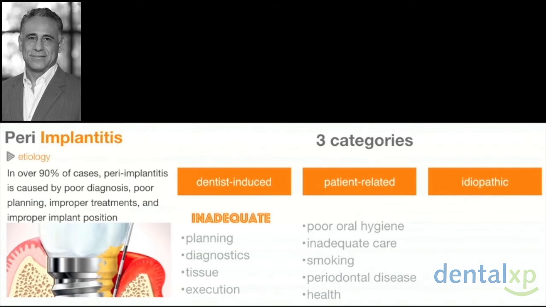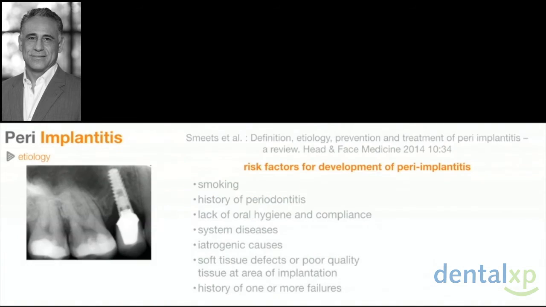And there was an idiopathic category where there was loss of attachment with no known cause, perhaps due to physiology, perhaps due to contamination of the implant, maybe pressure necrosis, or perhaps poor implant quality, but we couldn't really find out exactly the reason behind it.